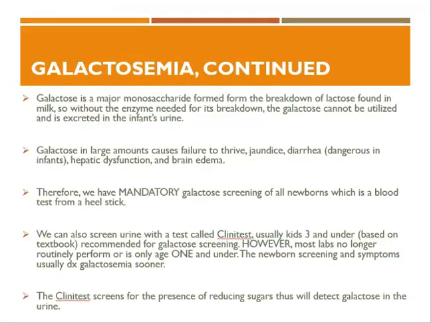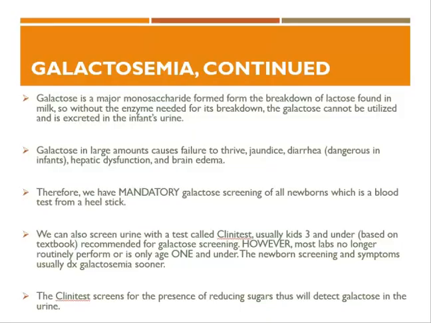Because galactosemia is such a problem for newborns, it is part of the newborn screening testing that's required. It's usually required in all states for newborns. Galactose is a major monosaccharide formed from the breakdown of lactose found in milk. So without the enzyme needed for its breakdown, galactose cannot be utilized and it is excreted in the infant's urine.